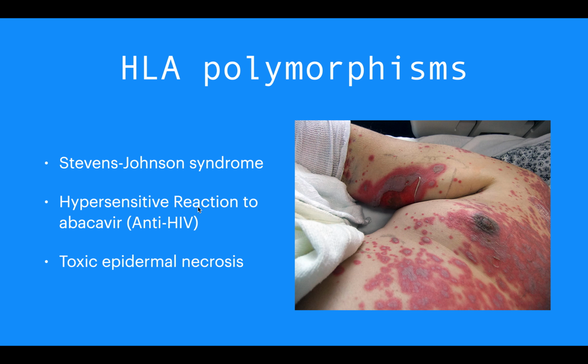The HLA polymorphism is also known as Stevens-Johnson syndrome, and it causes toxic epidermal necrosis along with ecchymosis, and it's a hypersensitivity reaction to abacavir, which is an anti-HIV drug.